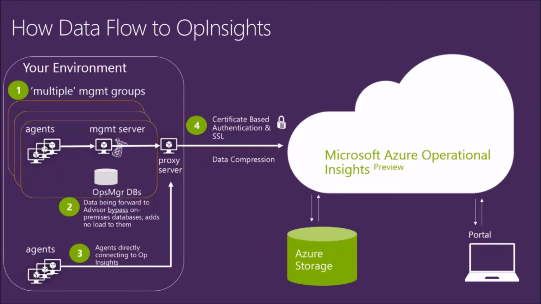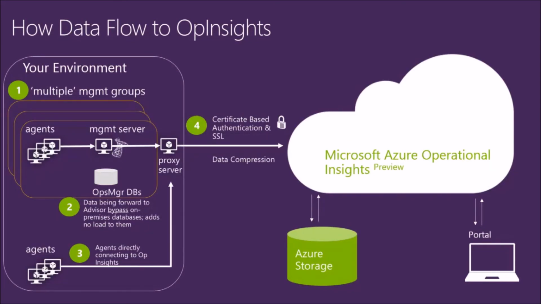That certificate is used to encrypt the data and to authenticate which accounts that data should land into in the Operational Insights environment. On top of that encryption that we use with the certificate, we also use SSL to encrypt the data over the entire channel. So basically, the data is double encrypted before it gets sent to the cloud.